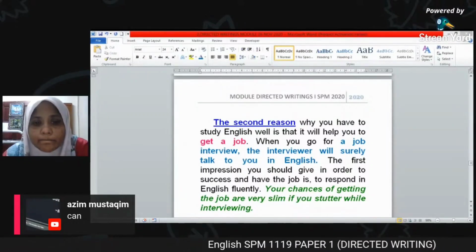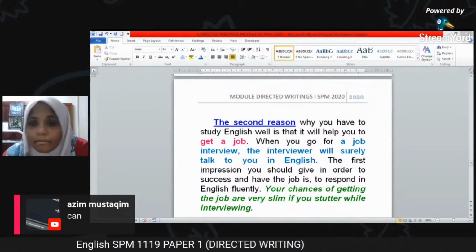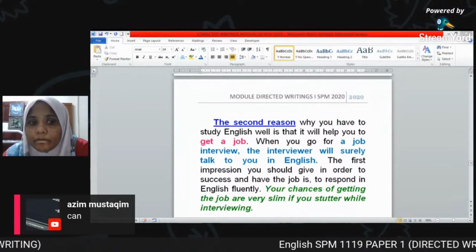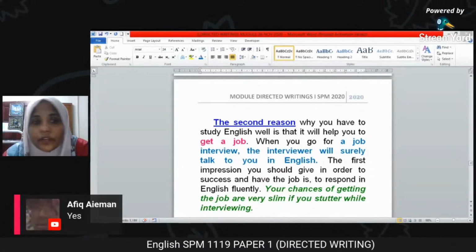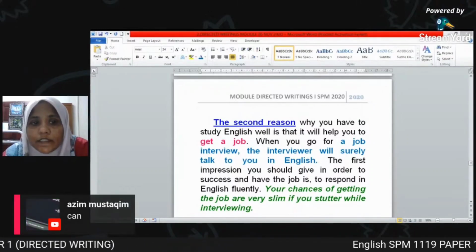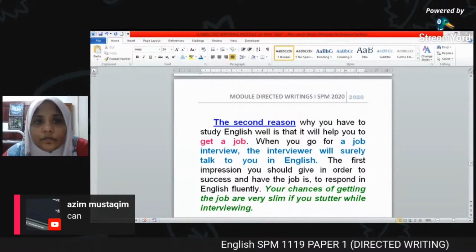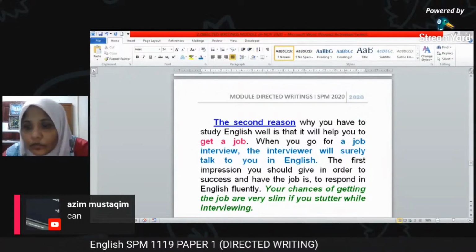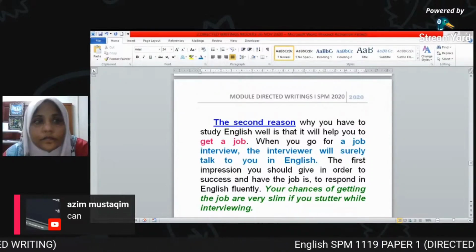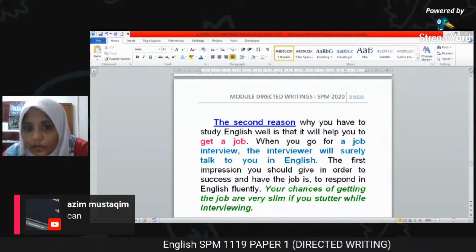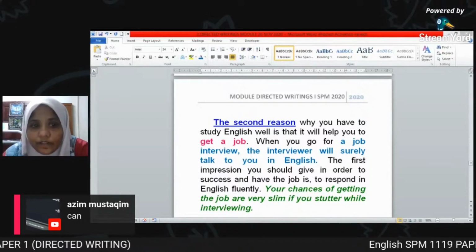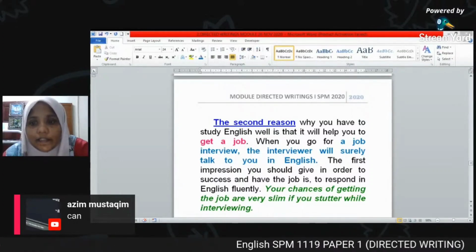Any volunteers? What is dark blue? Dark blue is sequence connectors. All right.